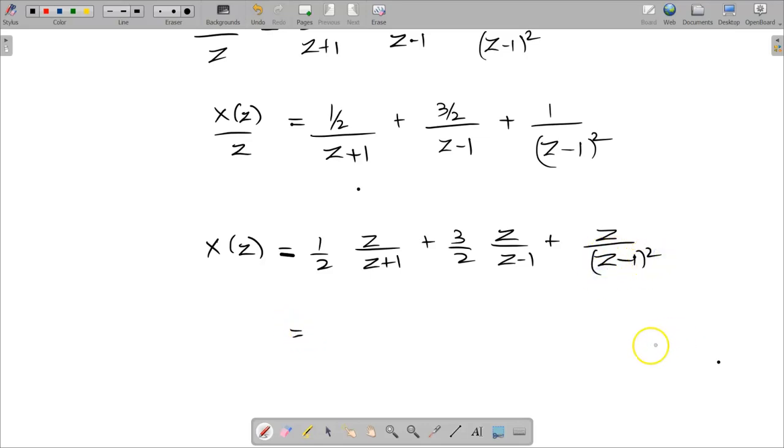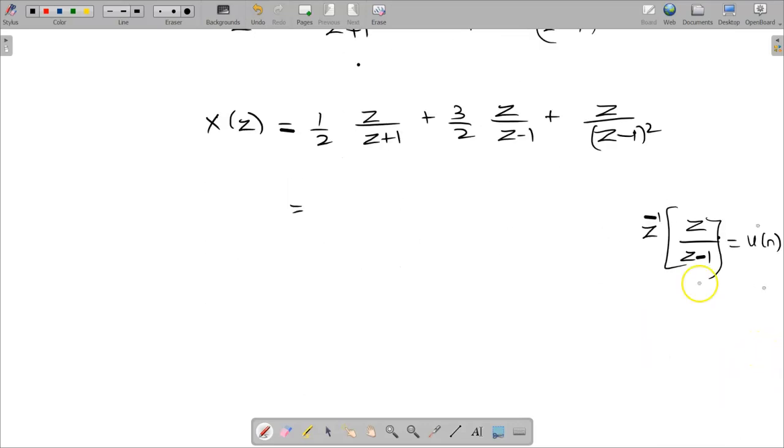So we know that inverse z transform of z by z minus 1 is nothing but 1 power n u of n. 1 power n is nothing but 1. So it is just u of n. Similarly, z inverse of z by z plus 1 is minus 1 the whole power n u of n. Why? Because the common form is z by z plus a.